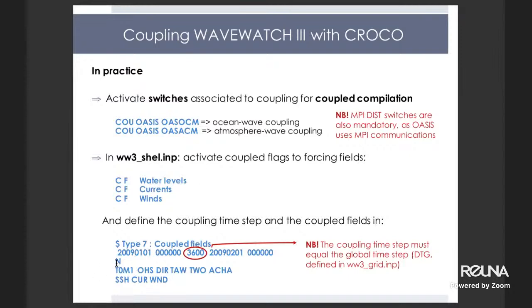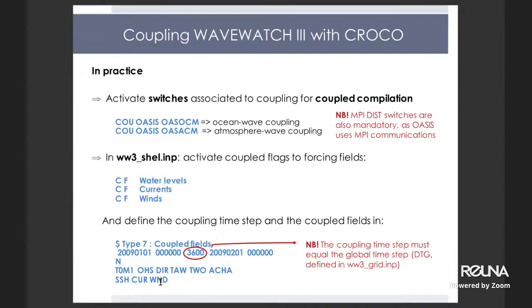And then here you have some keywords in WAVEWATCH for coupled fields. So you have keywords for what fields will be sent, this is the first line under N, and keywords for the fields that will be received.